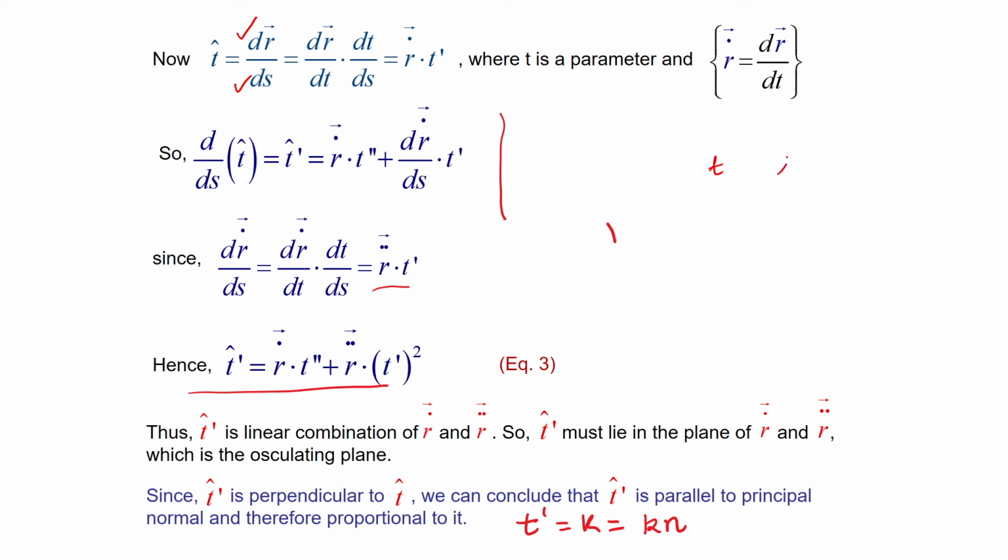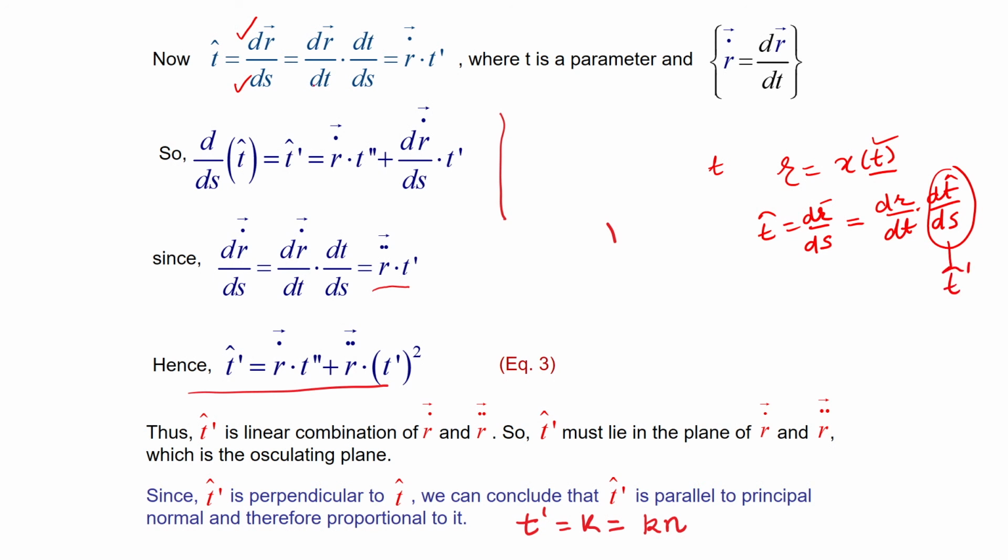If you know that r is a function of x and t, another parameter. So, t hat is dr by ds, but r is a function of t. So, using the chain rule we can say dt by ds. Just before that we have said dt by ds, what was that? It was t hat dash. So, we can say that dr by dt will be the time derivative or parameter derivative, r dot, times t dash.